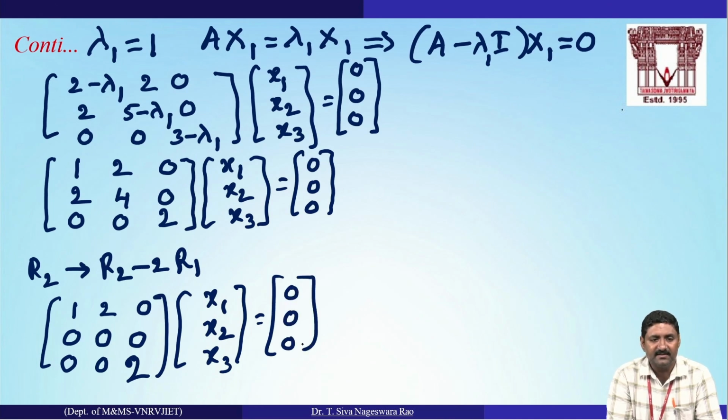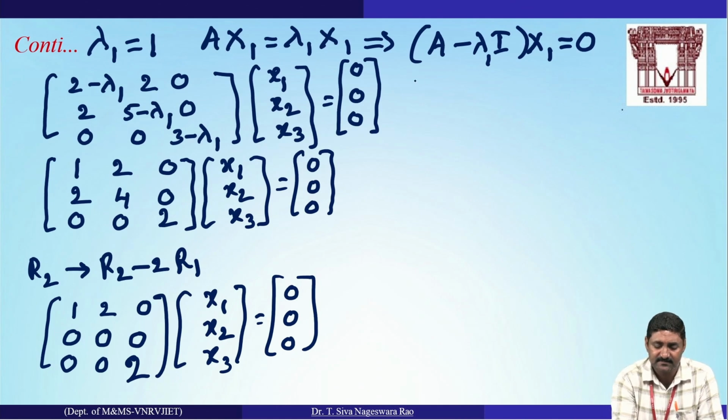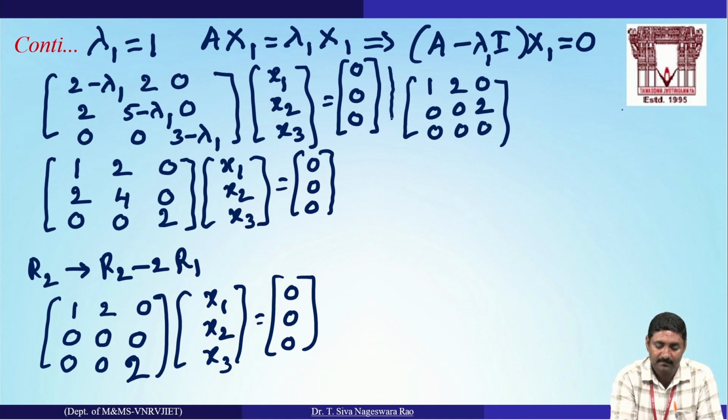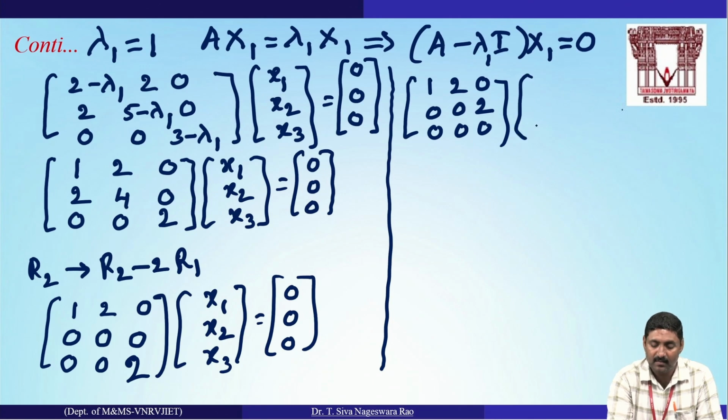Anyway, we will write this 0 row as last row. Hence, this becomes 1, 2, 0, 0, 0, 2, 0, 0, 0 multiplied by x1, x2, x3. On right hand side 0, 0, 0.